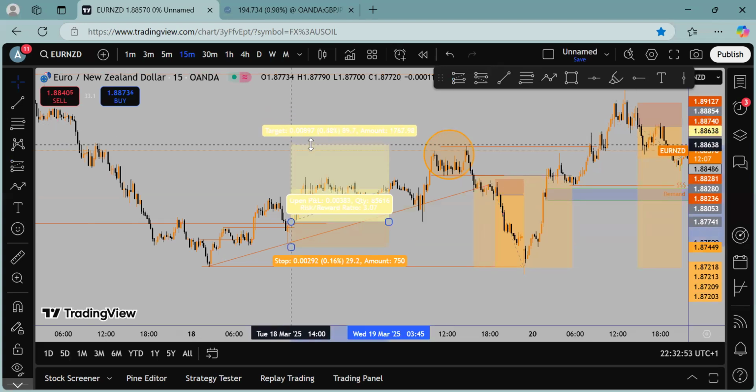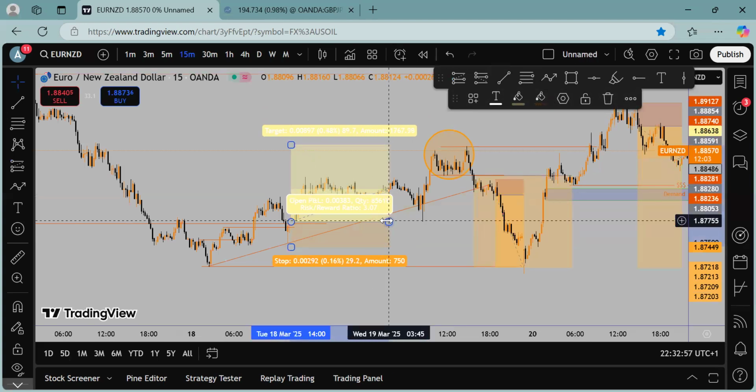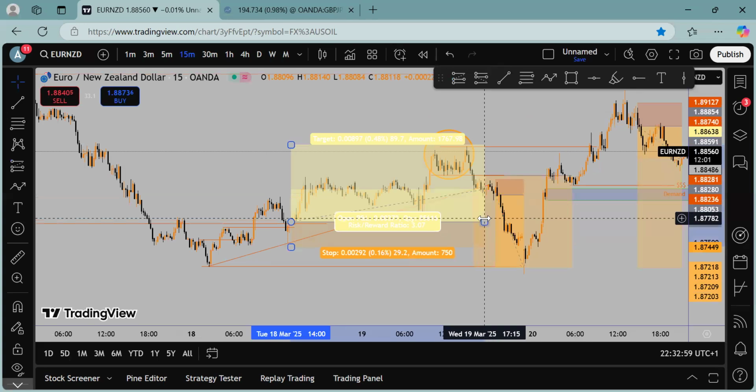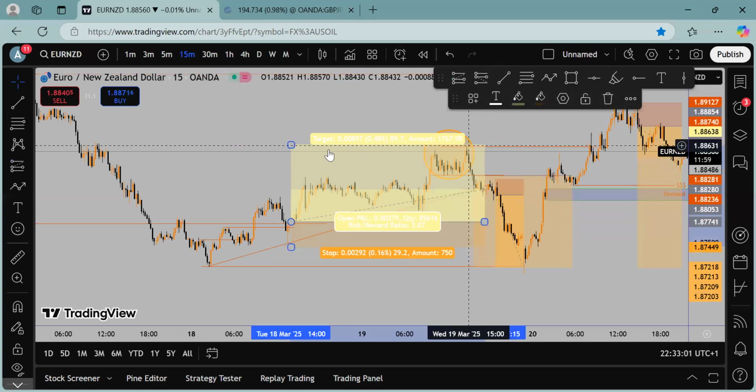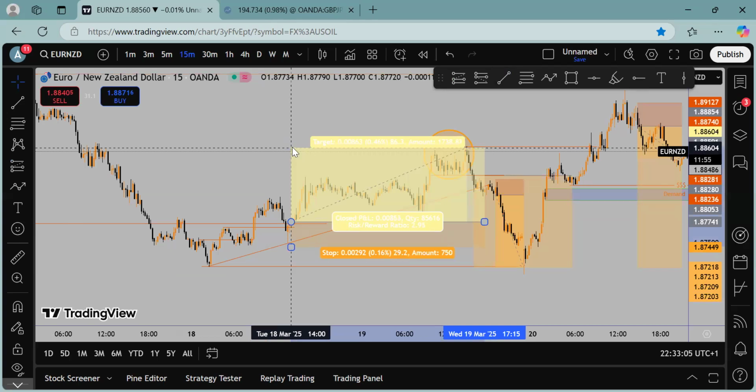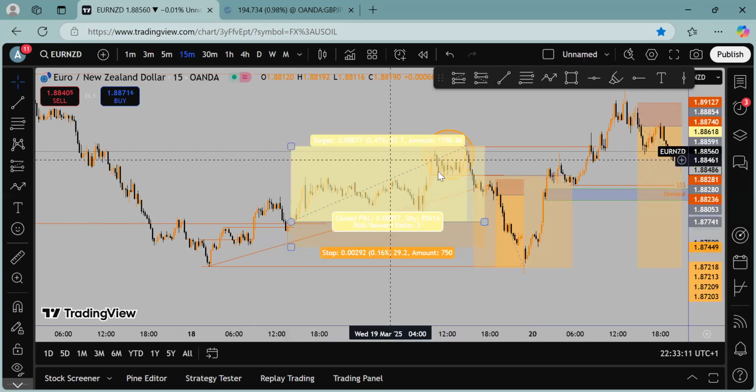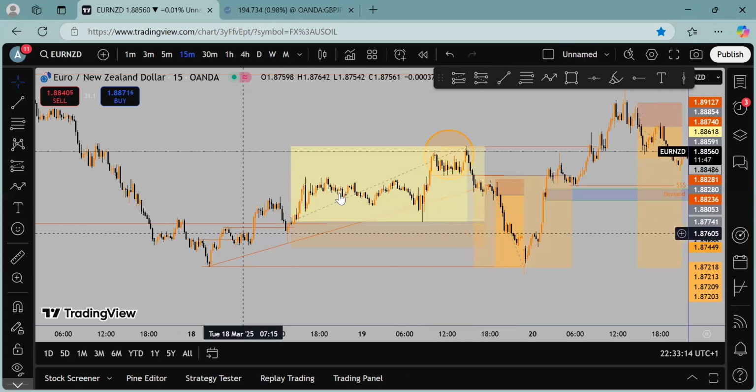Yeah, let's say 1:3. This is 1:3 here. Then you take it. You see, it hit TP. Okay, I think it didn't touch the TP totally. Let's say 1:3 should be here. Exactly. So you see the way it hit the TP nicely without you stressing yourself.